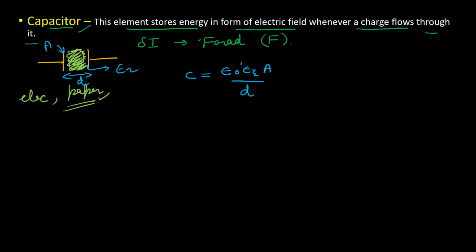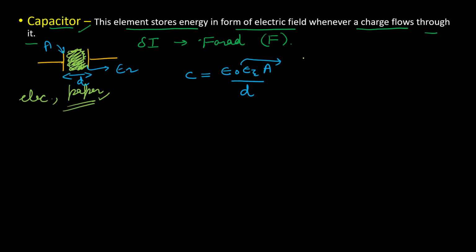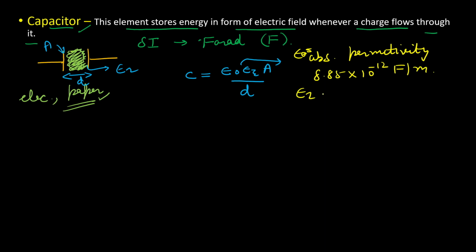What is epsilon naught over here? Epsilon naught is the absolute permittivity, and its value is 8.85 into 10 raised to power minus 12 farad per meter. Epsilon R is your relative permittivity and depends upon the medium.